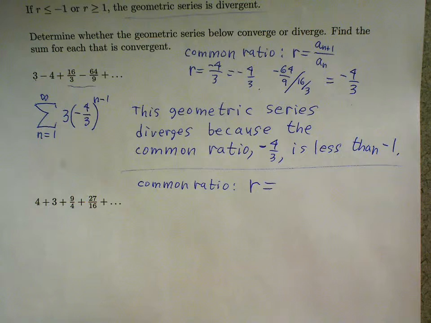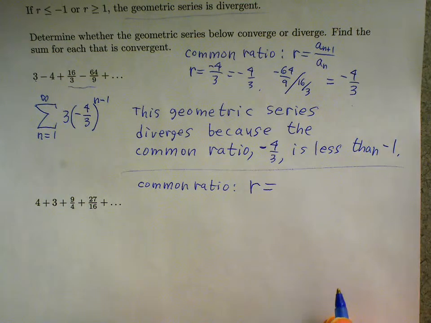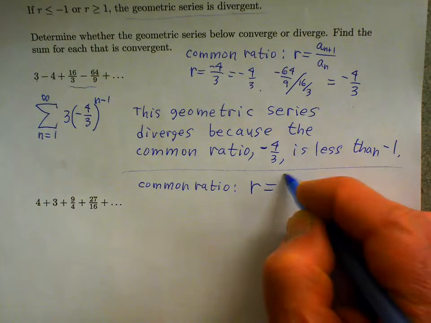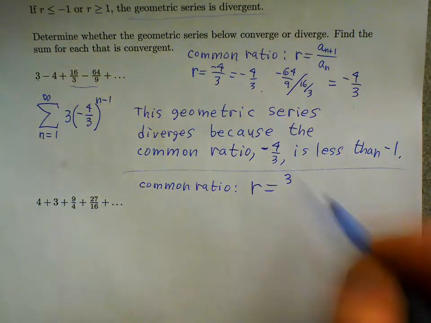So I guess everybody online's on vacation or something. There we go. So I got a correct answer online. Anybody in class? 3/4. Yeah, 3/4. So divide the second term by the first, so we get 3/4.